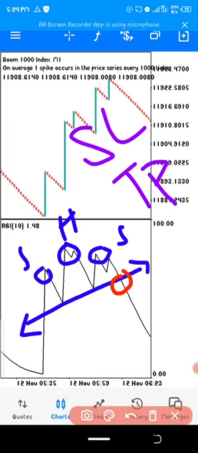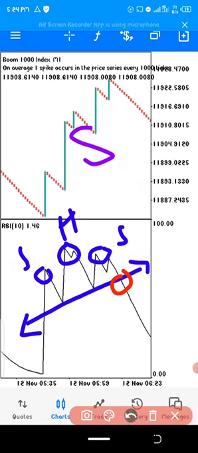All right guys, so for the stop loss, if I am going to be entering at the red point right here, that means it should be around here. Let me just clear this. If I'm going to be entering at this red circle right here, that is going to be around this place.